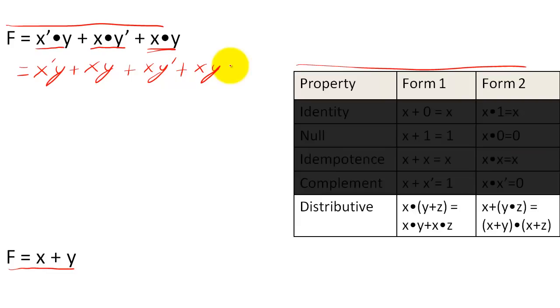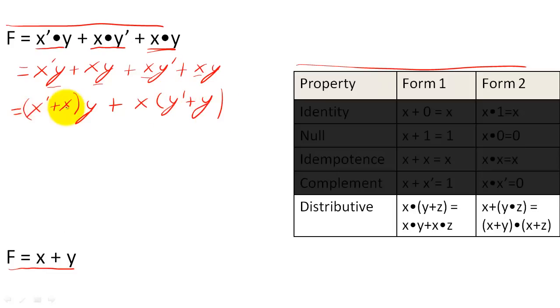Next, I want to use distribution because now that I have these common literals, I'm going to do 2 distributive properties, and I'm going to have x prime or x ANDed with y. I'm pulling out the AND and the y. Or I'm going to pull out this x here. So I'm going to have x AND y prime or y.